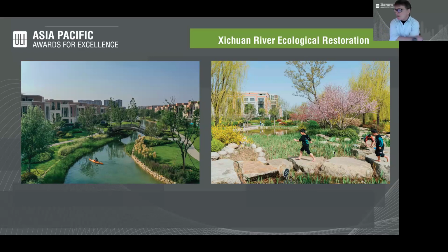And in this case, this was a relatively small project, in that there was a river that was very polluted from upstream, and the local developers basically dredged out the system.